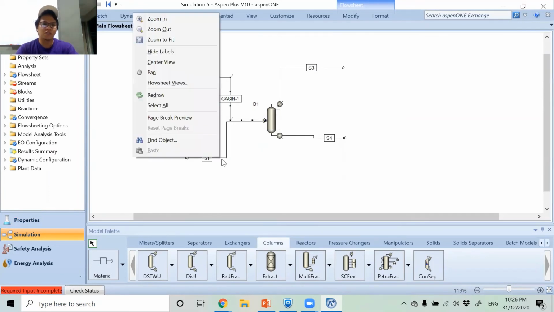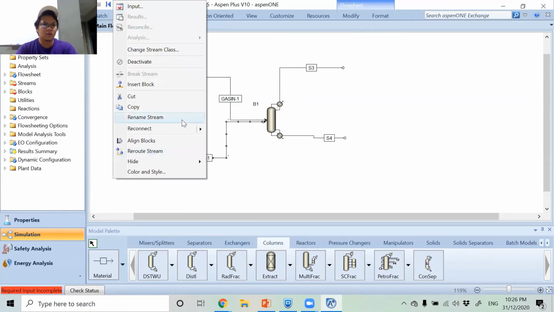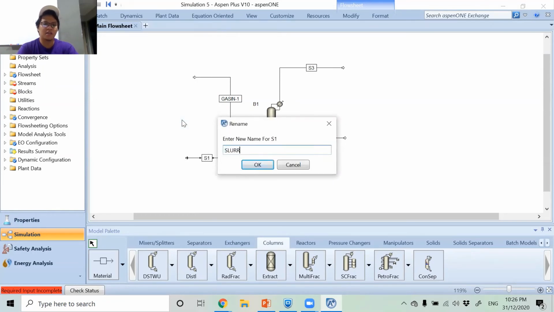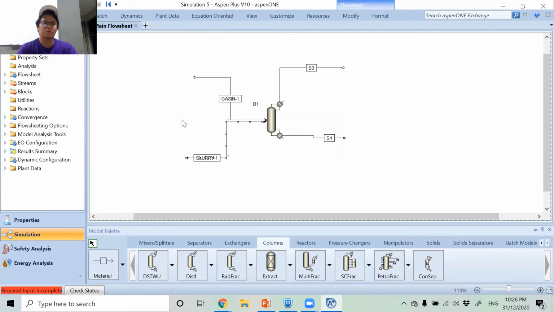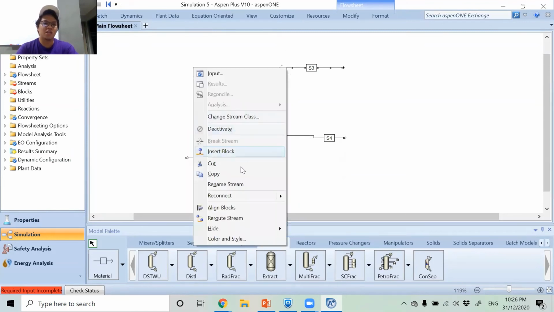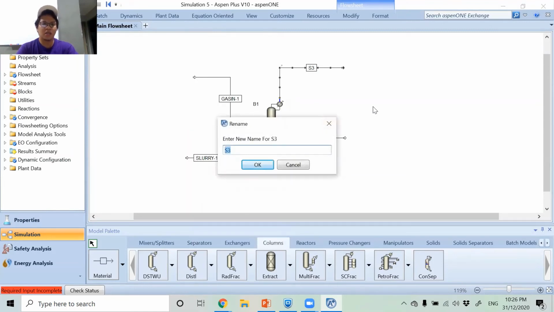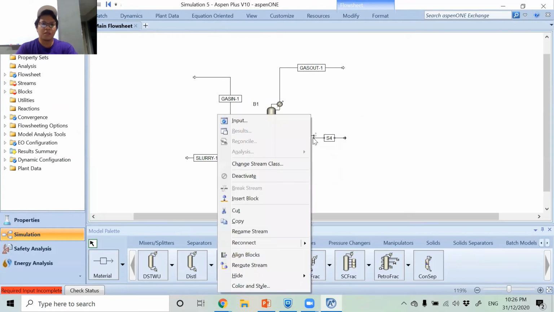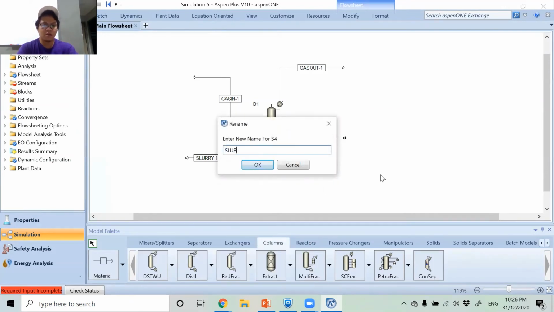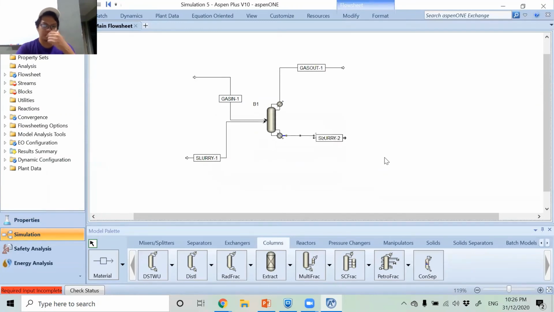And for this one, I'm going to rename it as slurry 1. And then S3, I will rename as gas out 1. And this one, I'm going to rename as slurry 2.